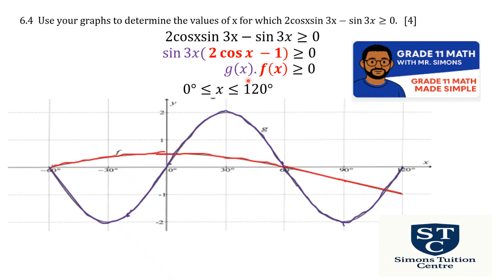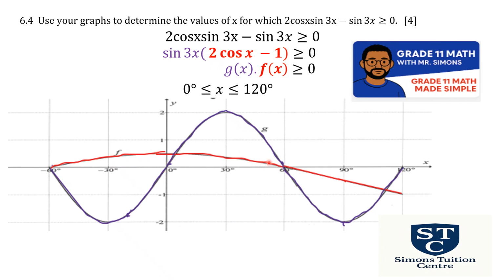We need to look at where g of x and f of x are both positive, or negative times negative, which also gives me greater than 0. For g of x, from 0 to 60, g of x is positive and f of x is also positive.